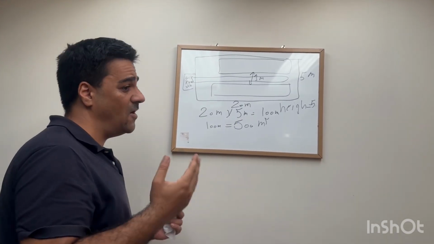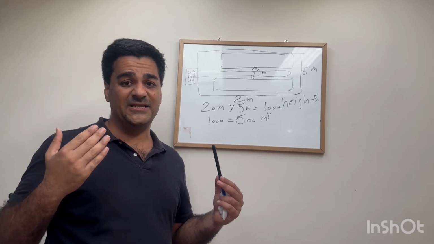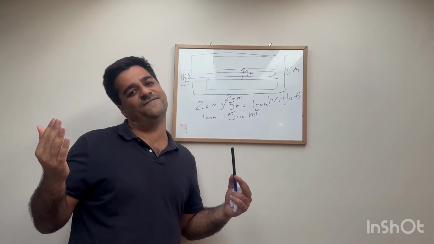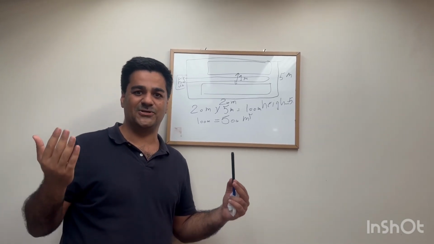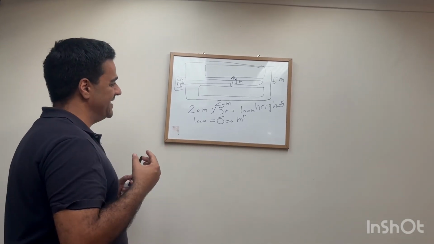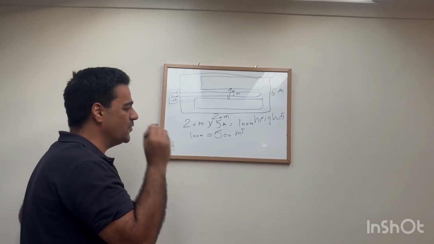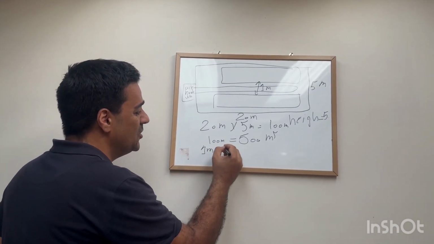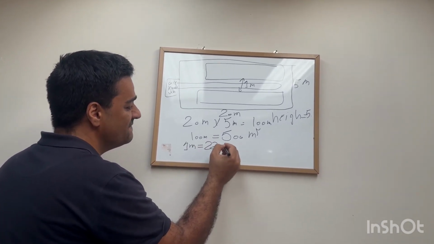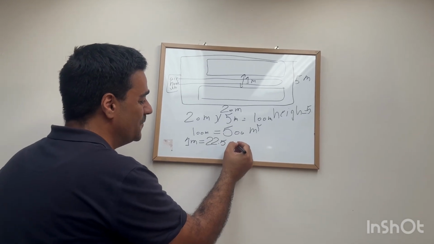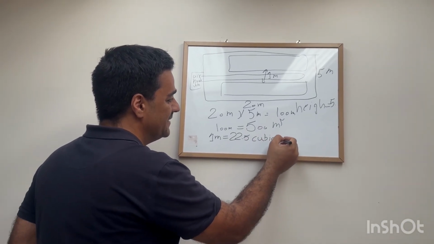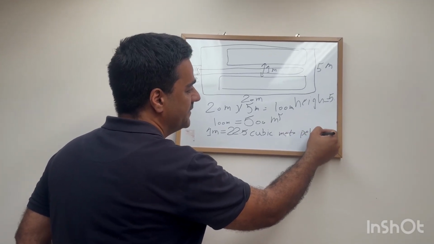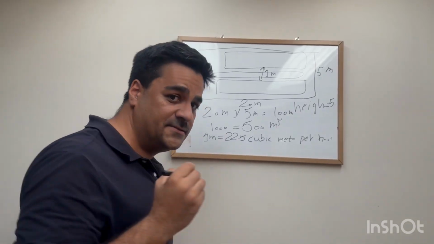How much air do you need when you install the shelves? According to my experience with vertical farming, because I have experience with exotic mushroom, button mushroom, and leek farming, each 1 square meter needs 22.5 cubic meters per hour of air.